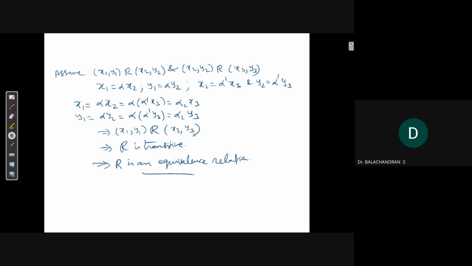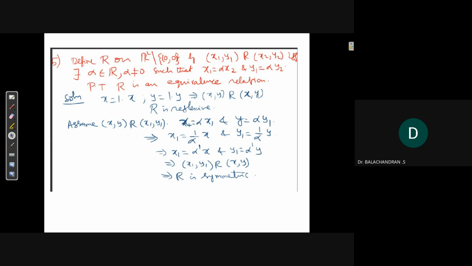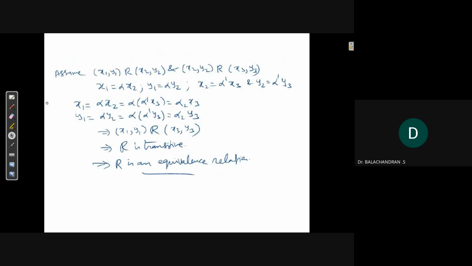Just as x1 equal to alpha x2, y1 equal to alpha y2 implies x1 comma y1 is related to x2 comma y2, here x1 equal to alpha 2 x3, y1 equal to alpha 2 y3 implies x1 comma y1 is related to x3 comma y3. Hence R is transitive, and hence R is an equivalence relation.